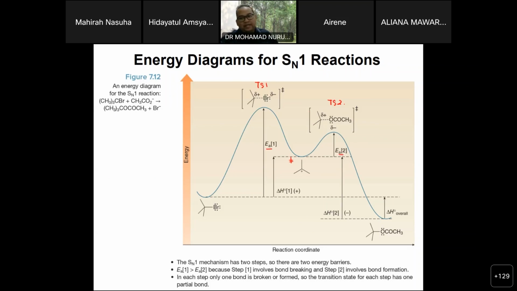Don't forget the y-axis and the x-axis, and don't forget delta H overall. Because there are two humps, you have two energy diagrams and also two delta H values. From there you can calculate delta H overall and conclude whether the reaction is exothermic or endothermic.